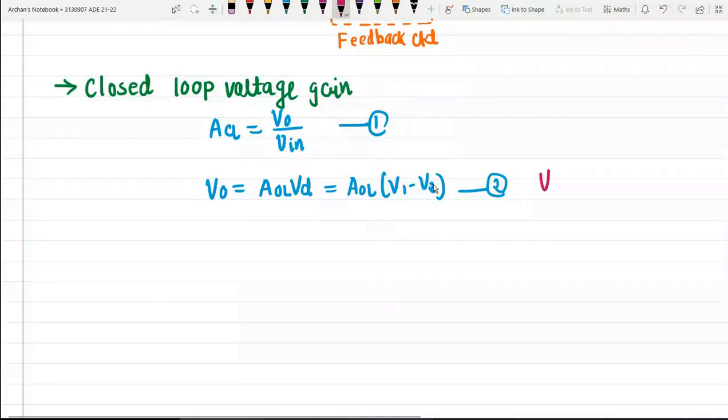So V1 is equal to Vin and V2 is equal to Vf across R1.